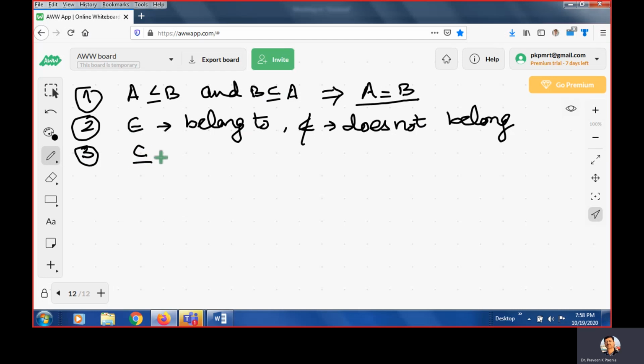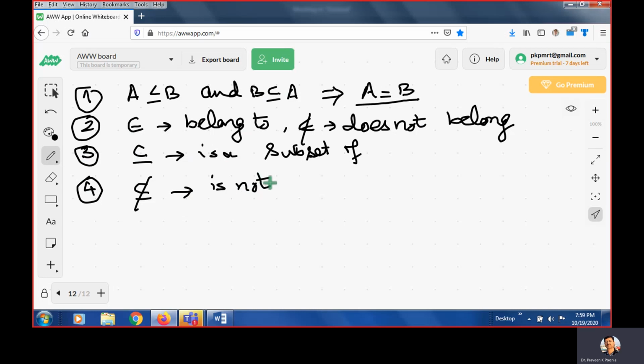Clear? What is the notation for this? This is the notation for subset of. And what is the notation for this one? Is not a subset. This is the notation. Clear?